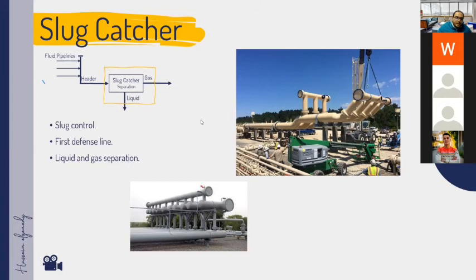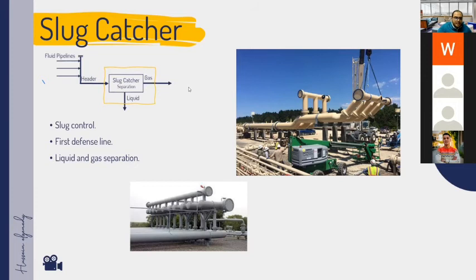For example, in our plant, the Zohr gas plant, the wells are 200 kilometers far from the plant. So it's a very long distance. Sometimes liquid comes in slugs, so we need to use the slug catcher first. It also helps in separating the liquid from the gas.